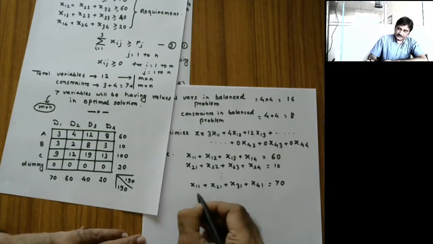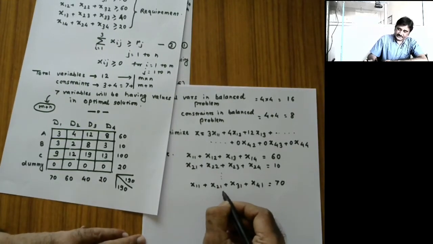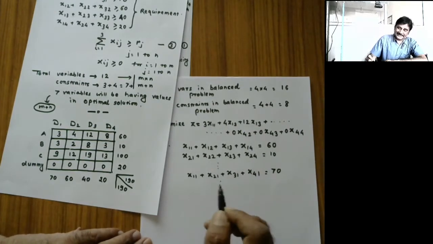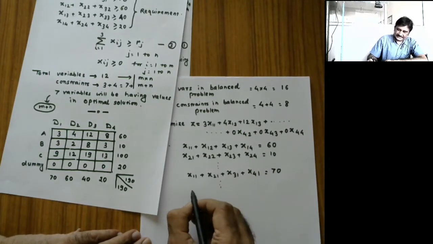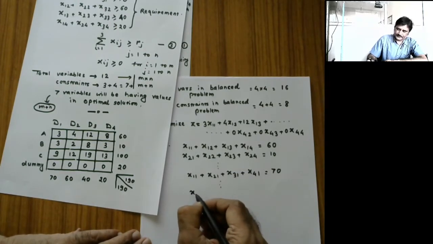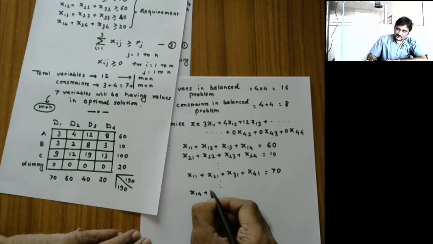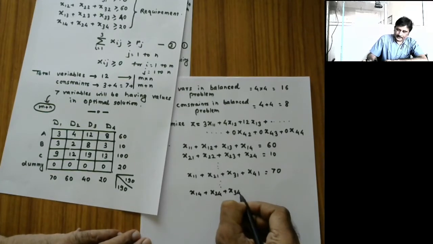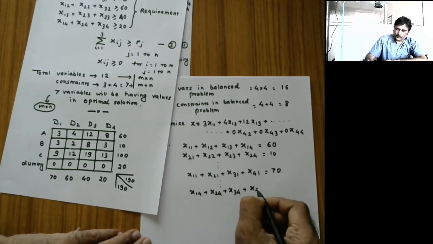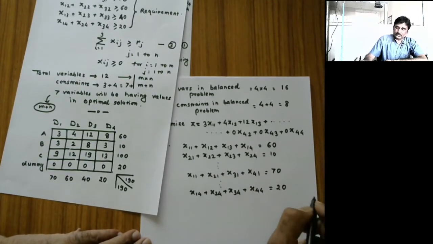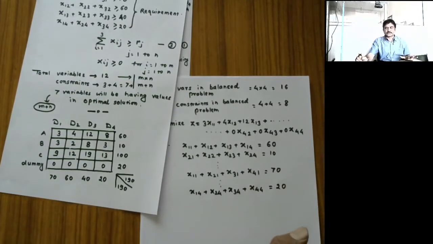Then another constraint will go like this by setting j equal to 2, j equal to 3. Lastly I'll write the fourth constraint: x14 plus x24 plus x34 plus x44 is equal to 20. Okay, this will be the formulation.